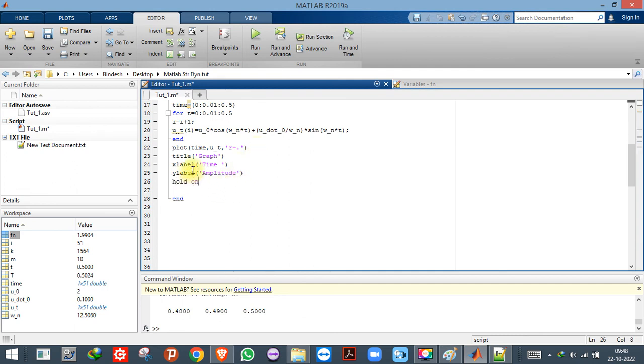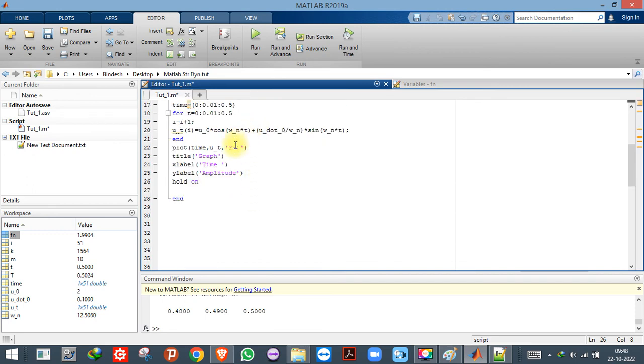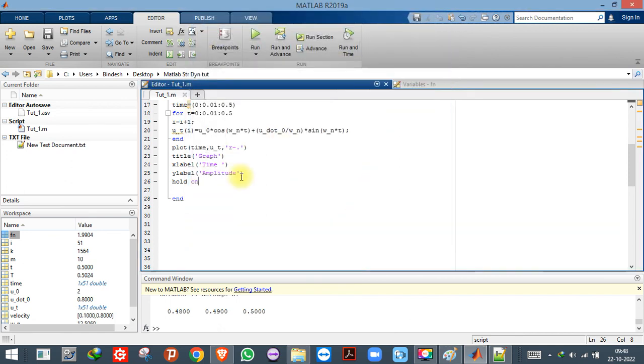Hold on, and I just try to plot and see what is happening. So we see there are two graphs, and one more thing I'll do: I'll not mark any color over here, so it will give me two different distinct colors.